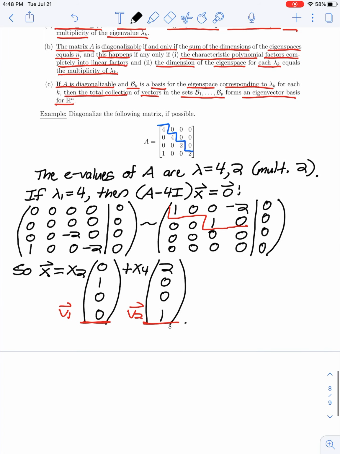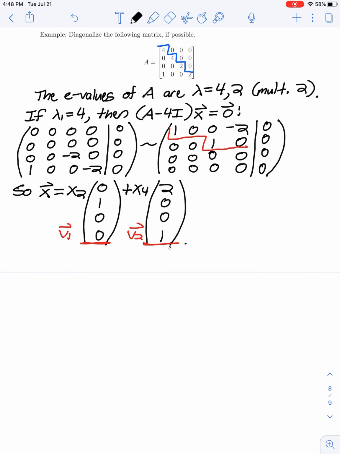Now for our other eigenvalue, if lambda 2 is equal to 2, then to find eigenvectors, we're looking at the equation A minus lambda I, so A minus 2I times x is equal to the 0 vector.